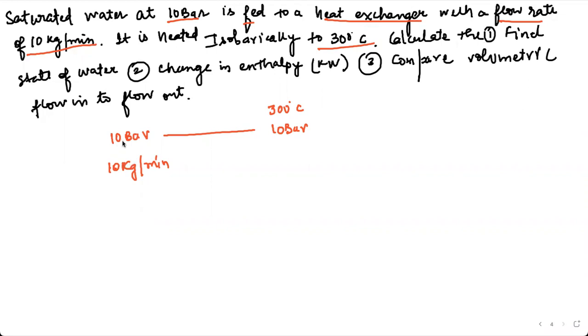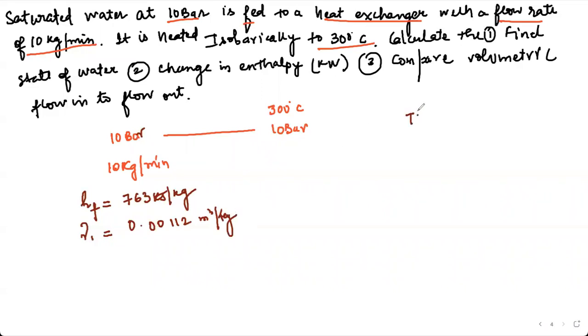So at 10 bars, we will have your Hf at 763 kilojoules per kg, and the specific volume we will look up in the steam tables: 0.00112 meter cube per kg.